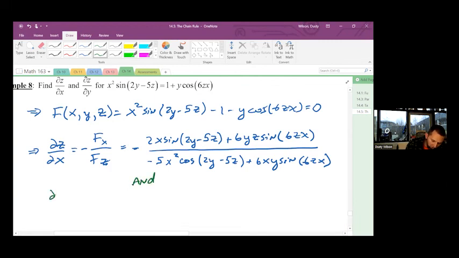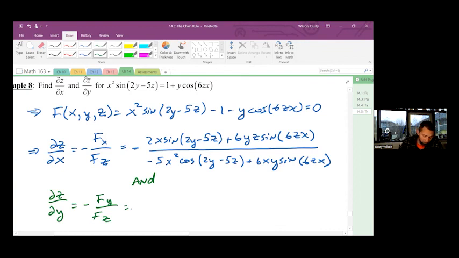So we wanted the partial derivative of z with respect to y. This will be negative big Fy over big Fz, or partial derivative of f with respect to y divided by partial derivative of f with respect to z.